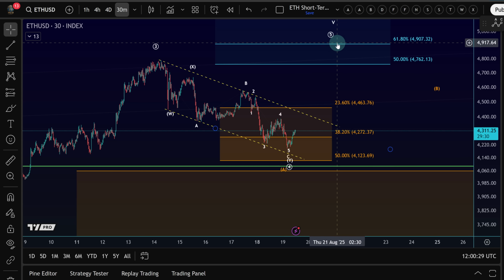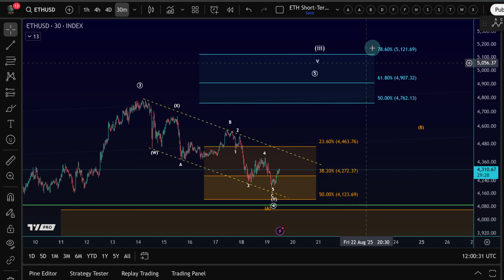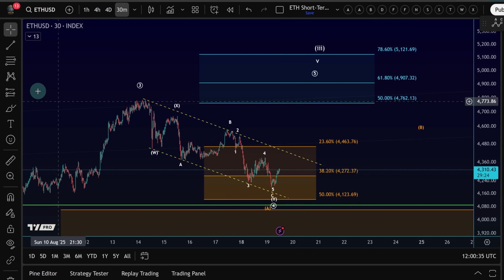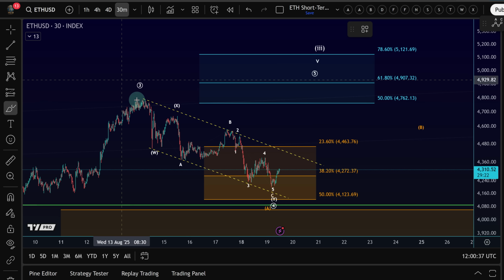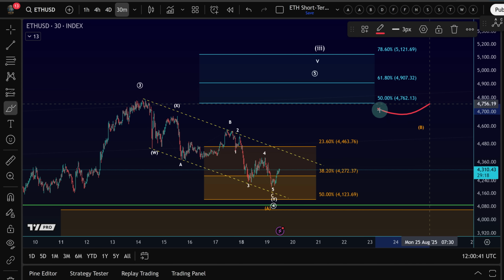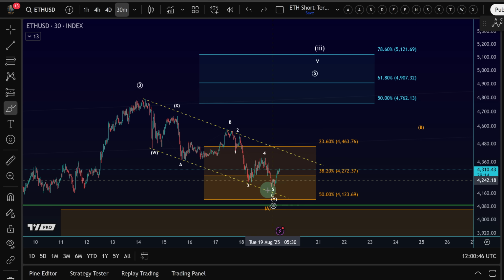And if we get one more high from here, 4,900 to 5,120 would be my next target area. In the first step, obviously, this previous swing high at 4,760. Now, there is low volume, which is normal in a correction. So at some point it will go up, and that would indicate an upside breakout.